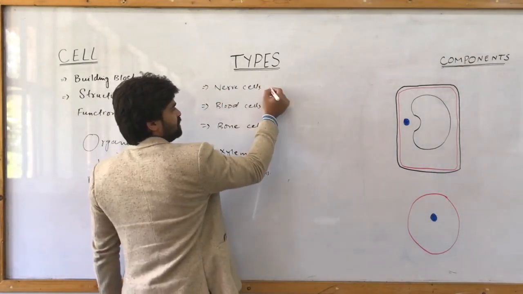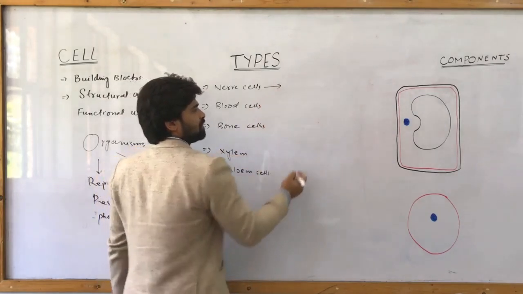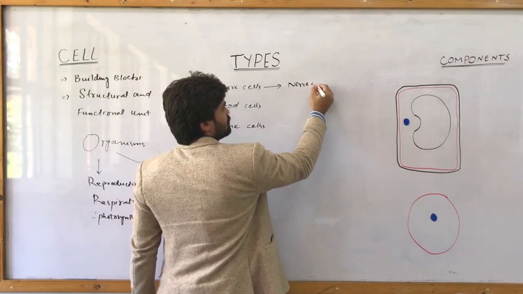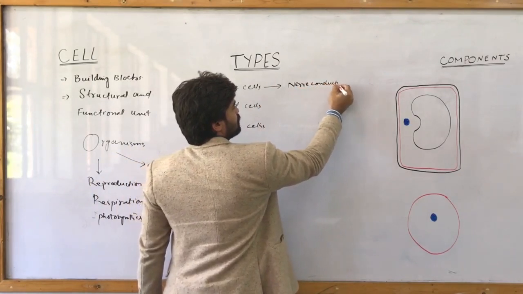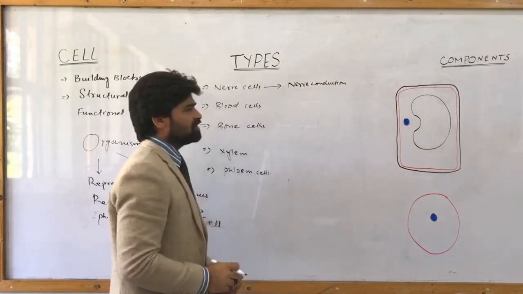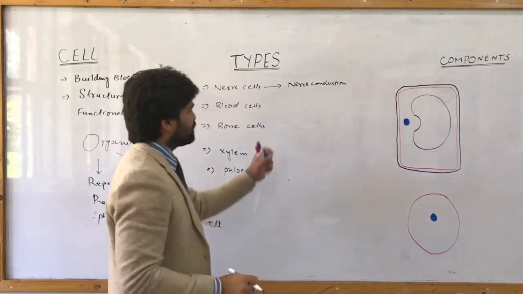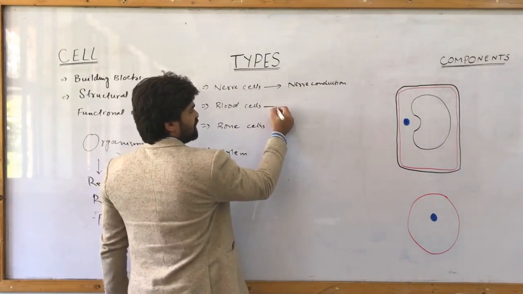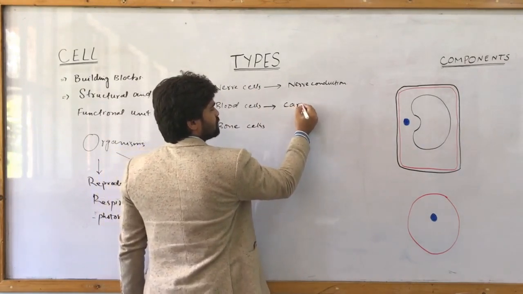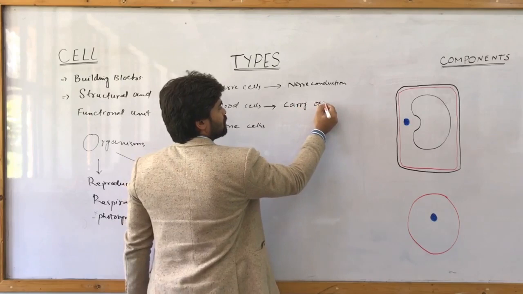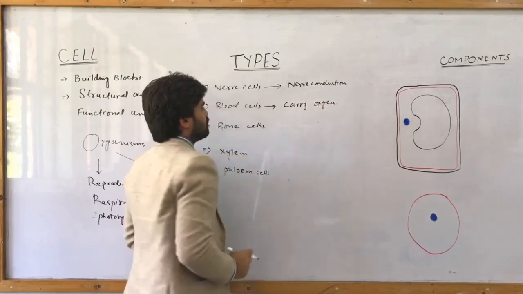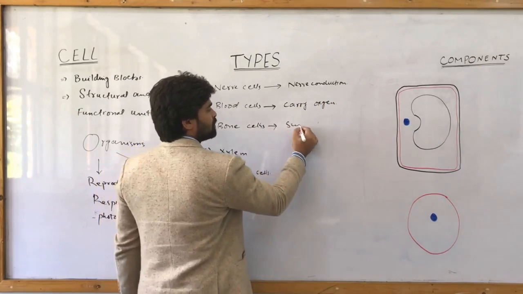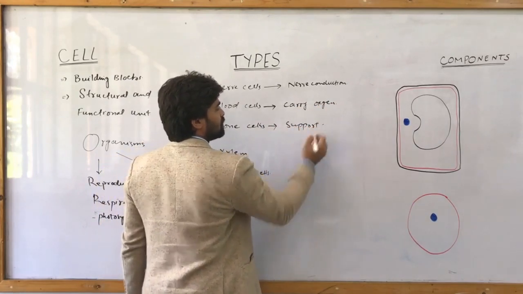For example, nerve cells do nerve conduction. That means in an organism, the nerve impulses are basically conducted by the nerve cells. Blood cells carry oxygen. Bone cells support the body.